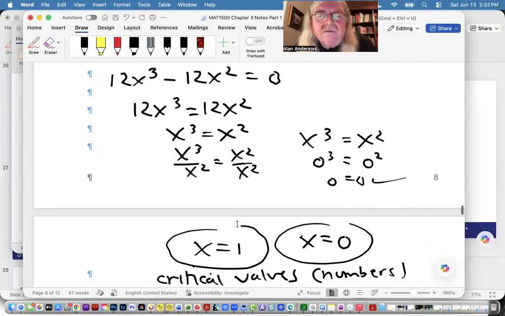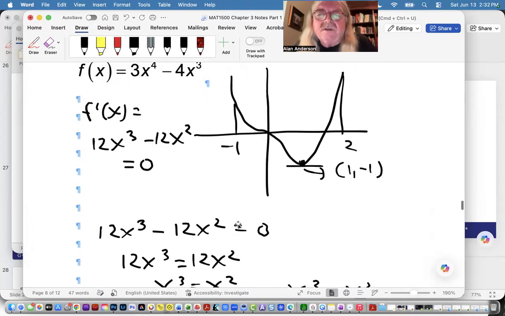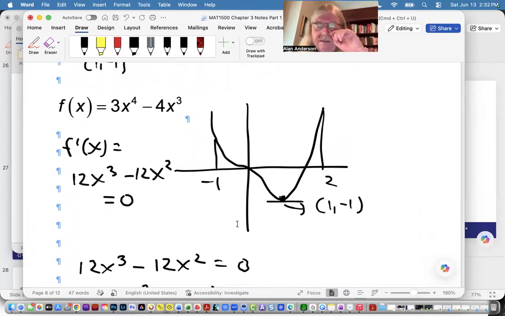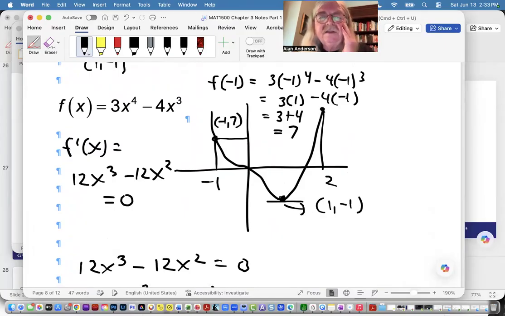Well, we know that the interval covers the area from -1 to 2. So what we need to know is f of -1, which is 7. And over here, we need to know f of 2.